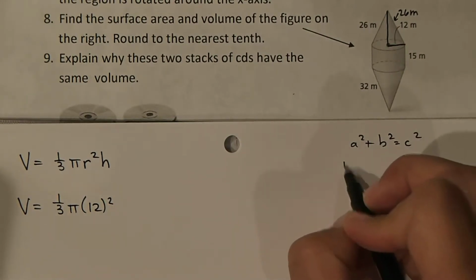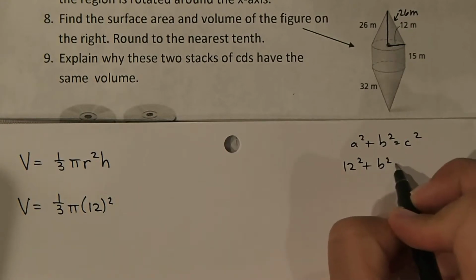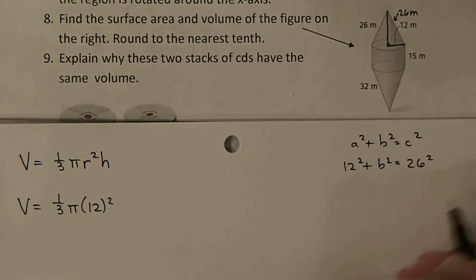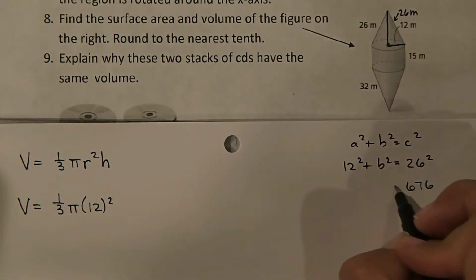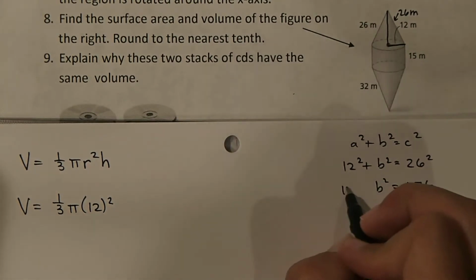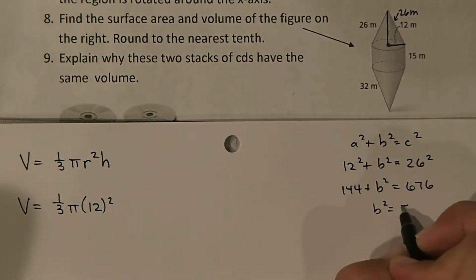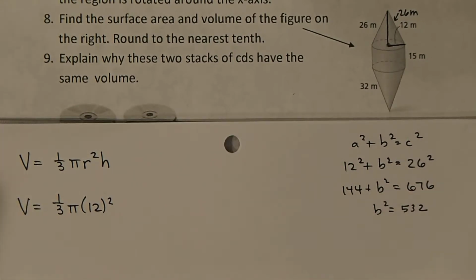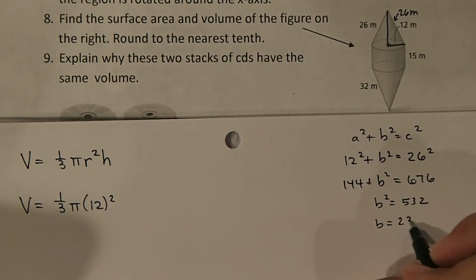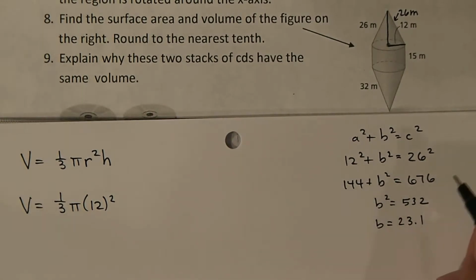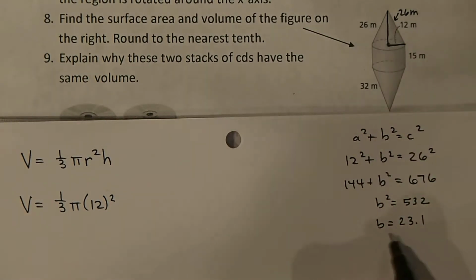So we know that 12 squared plus b squared equals 26 squared. 676, 144, so b squared equals 532. So if we take the square root of 532, it's going to equal about 23.1. So this height here is 23.1.